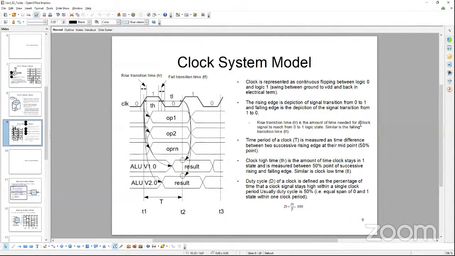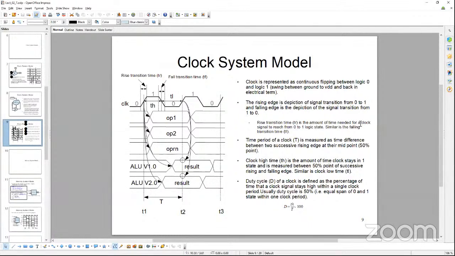So let's denote them by T low plus T high. If we sum these two times up, we actually get T. That's a very simple relation.